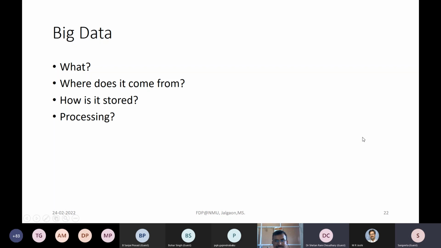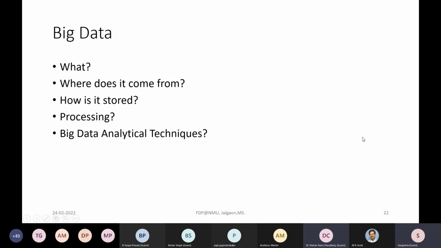Usually the storage pattern and processing, when data is so huge, is very, very expensive. Are there any analytical techniques for them? Yes, MapReduce, Hadoop, you all must have used them, right?